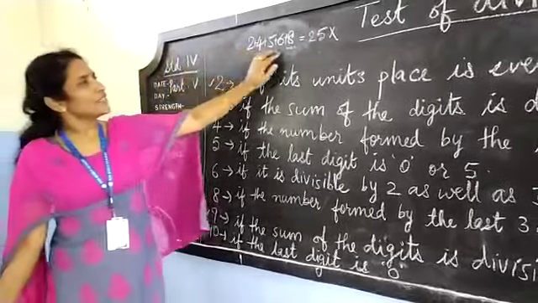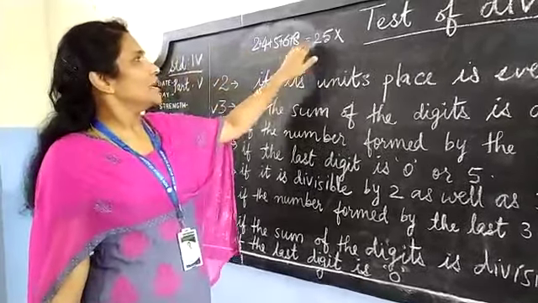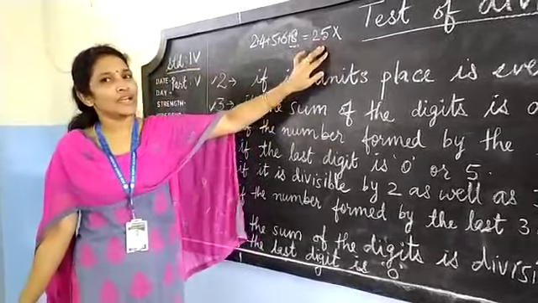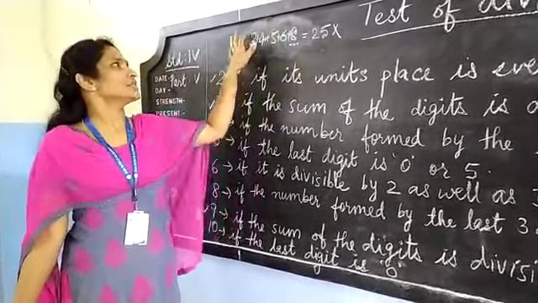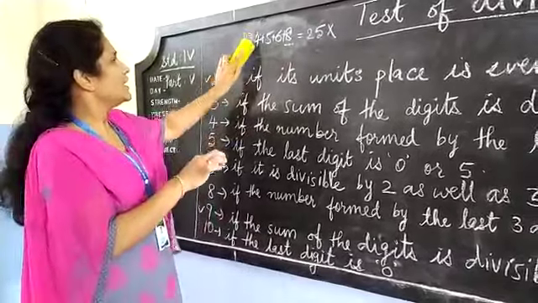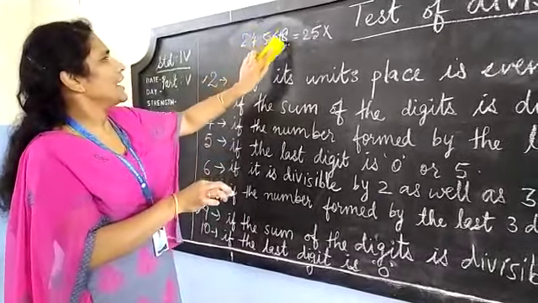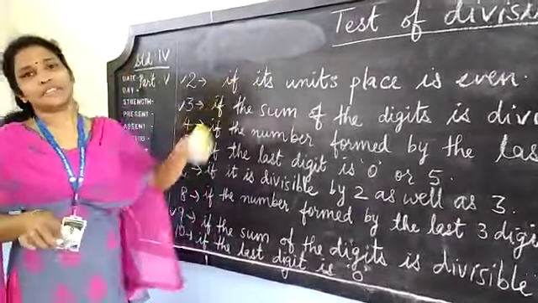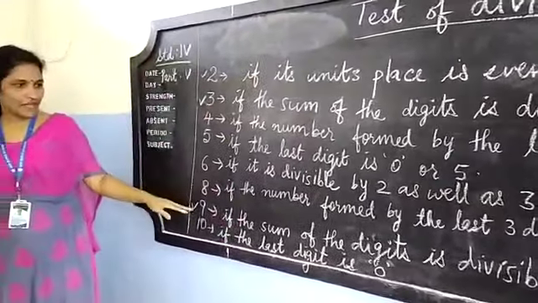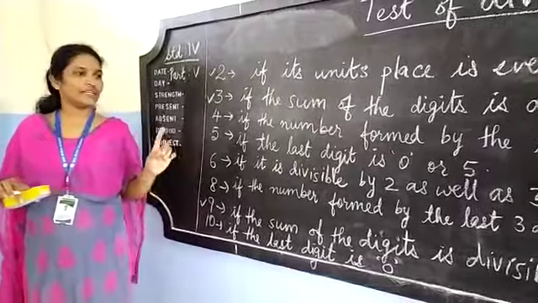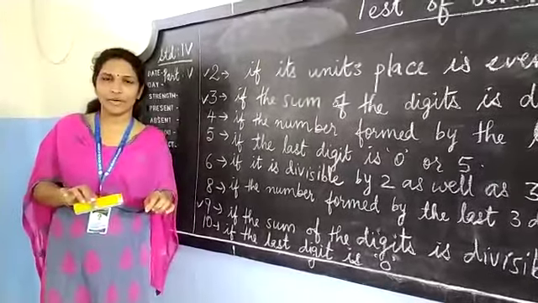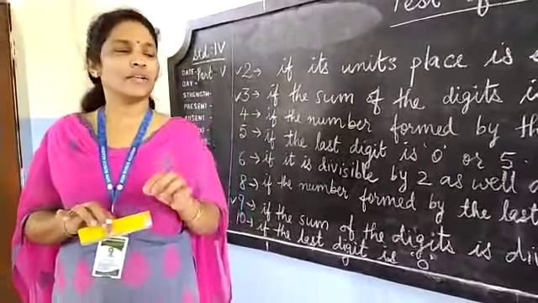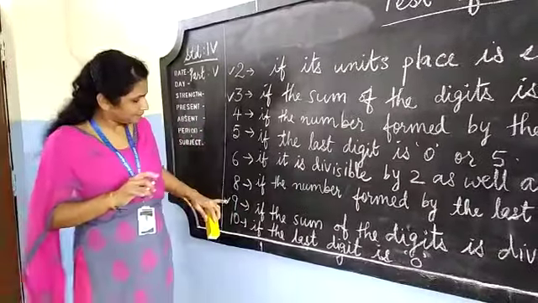What is the sum of the digits of this given number? It is 25. Is it coming in the table of 9? No. So this number is not divisible by 9.